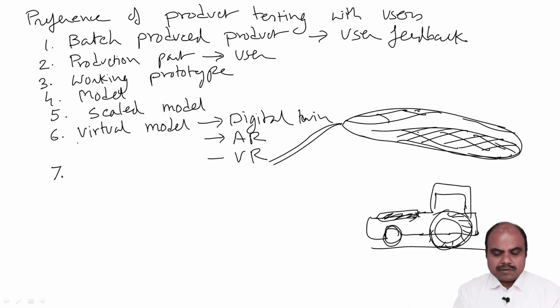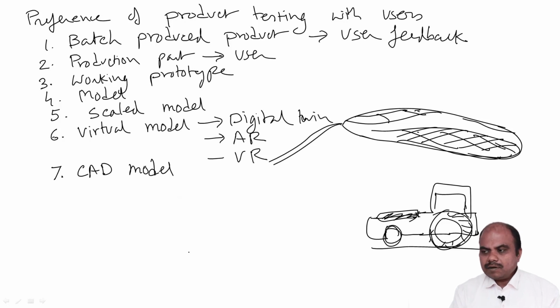If that is also not possible, then we can have a CAD model. In CAD model, there can be two kinds. A CAD model means we can make a computer-aided model. Previously people used to use AutoCAD, but AutoCAD is generally for 2D. It can make 3D also, but nowadays 3D is important. So you have SolidWorks, CATIA, NX.